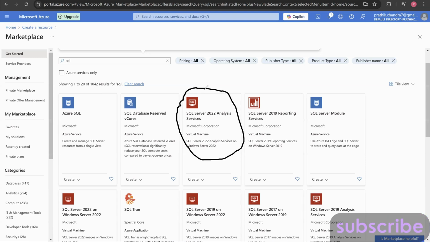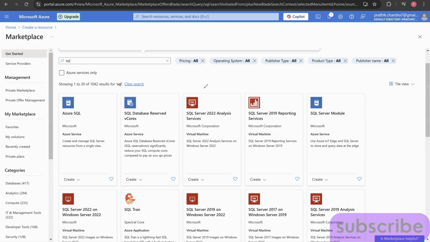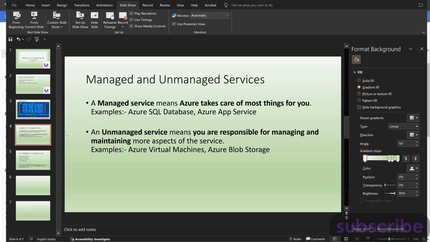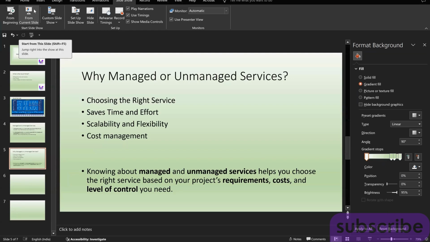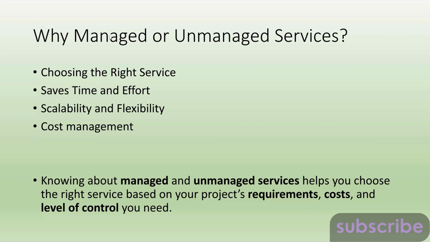Now a question might arise in your mind. First of all, why are we using this? What is the point of this? Why is it important? Why are we using managed and unmanaged services? What is the purpose of it?